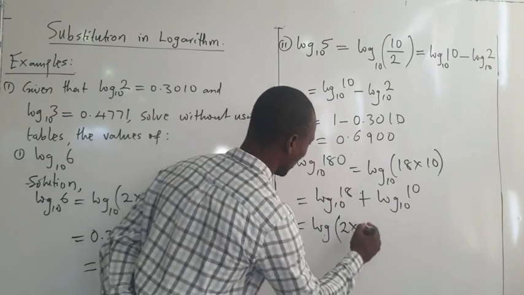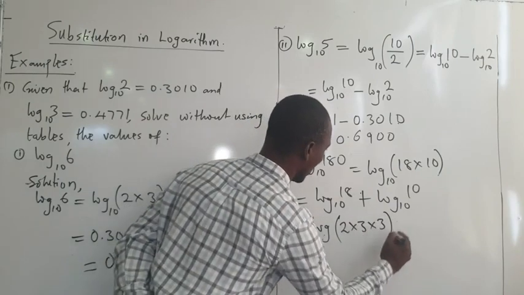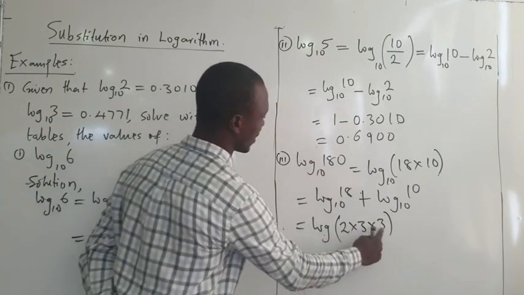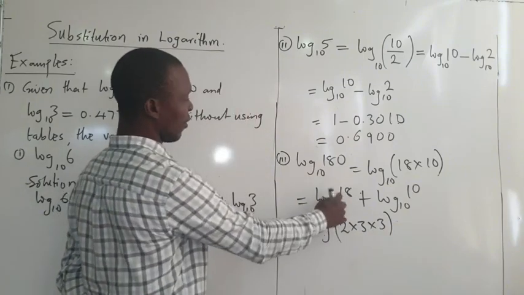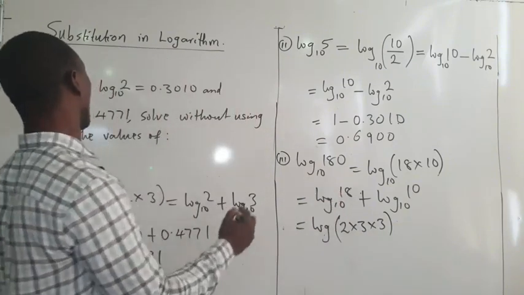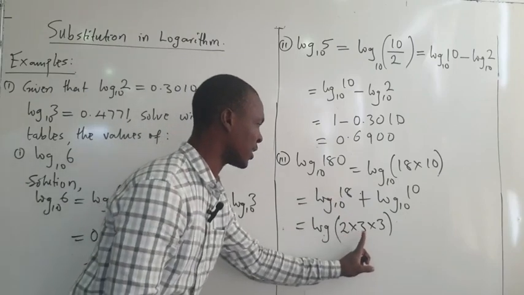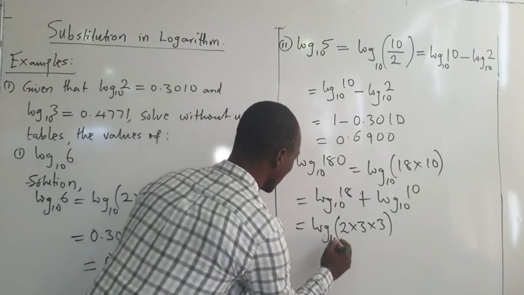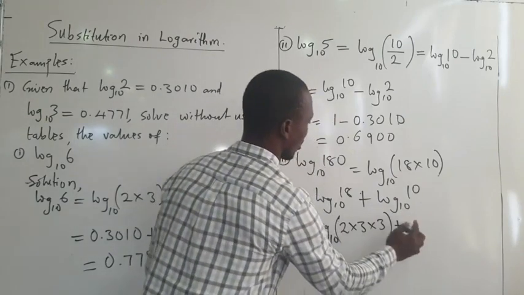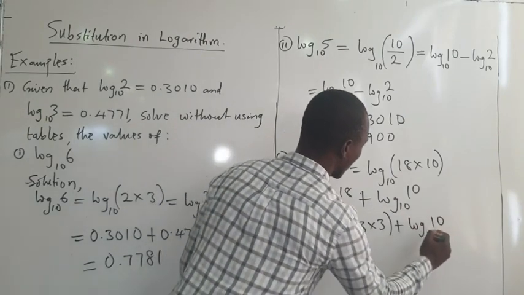So we are left with 9, that's 3 multiplied by 3. It means 2 times 3 is 6, times 3 is 18. So we have log 18 equal to log of 2 times 3 times 3, base 10, plus log 10 base 10.